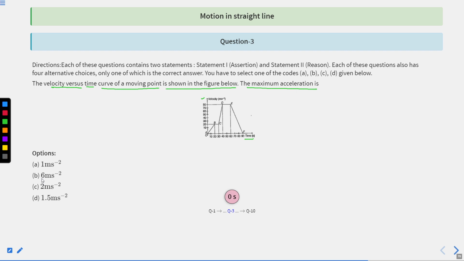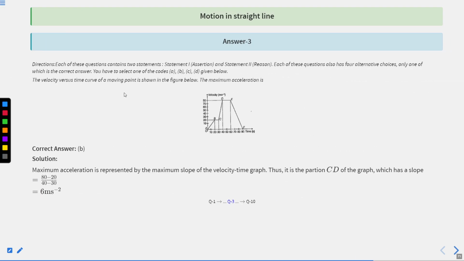Let's find a solution. The curve is the velocity versus time curve of a moving point shown in the figure. It asks about the maximum acceleration. The maximum acceleration is represented by the maximum slope of the velocity time graph. Clear?